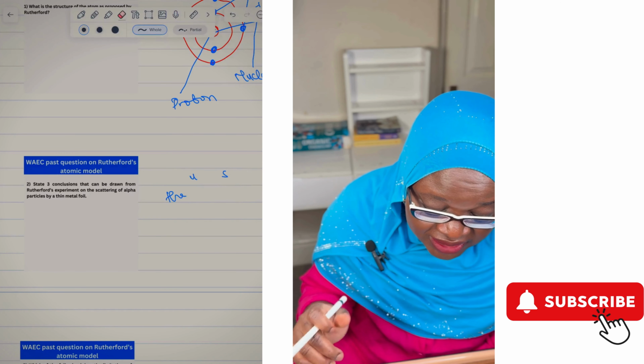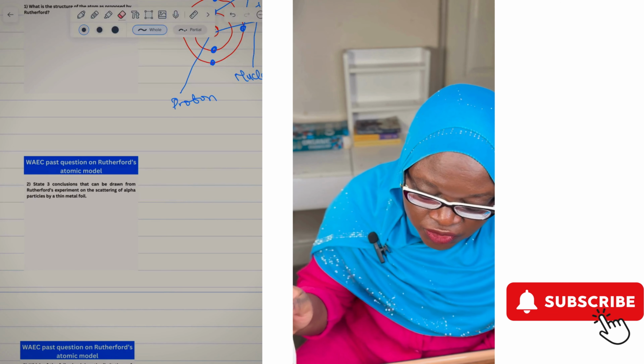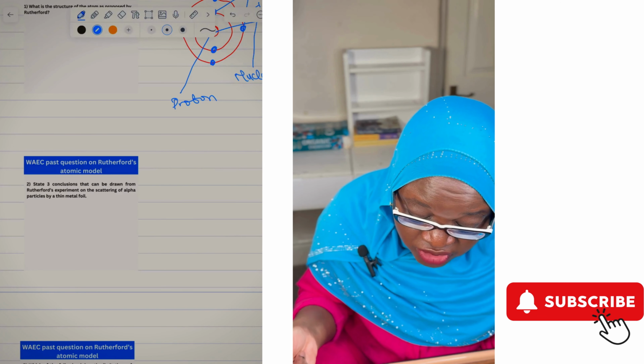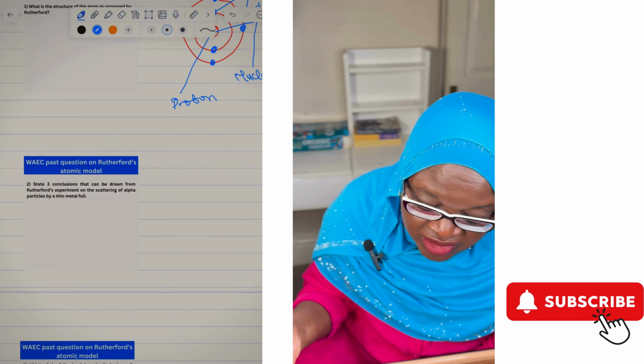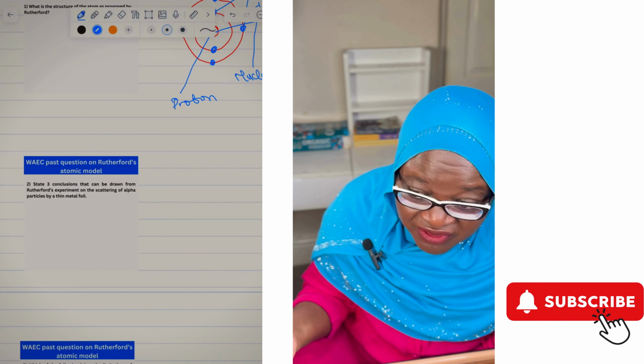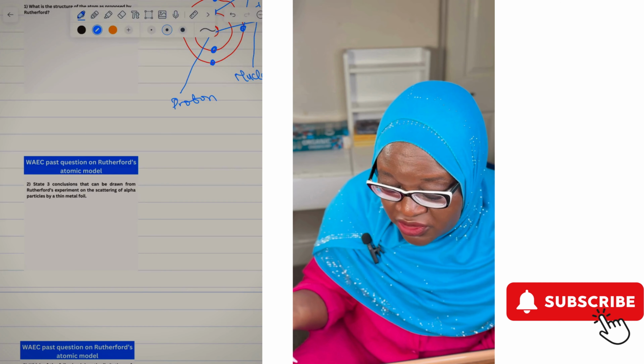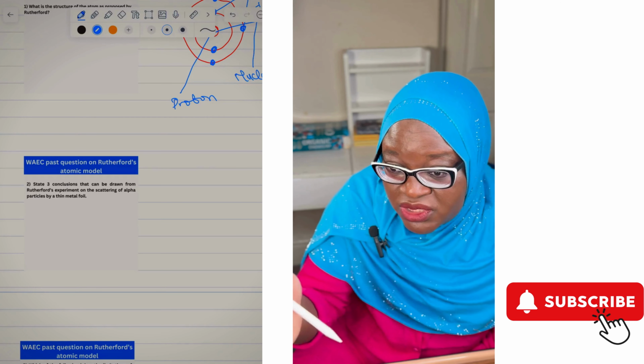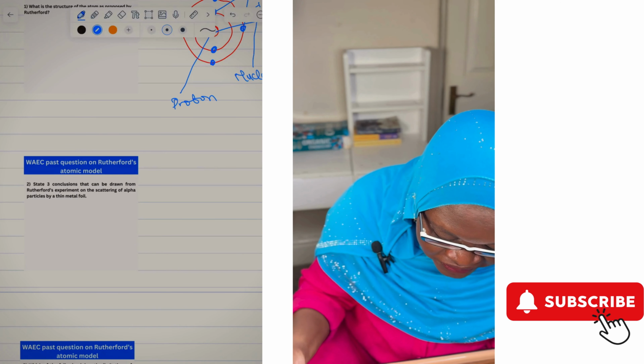We already covered that in the class on Rutherford's model, so check that out. But just to paraphrase, that led to the discovery of the nucleus as the center of the atom, that the nucleus is positively charged, the electrons orbit around the nucleus, and that there is a lot of empty space around the atoms between the nucleus and the electrons.